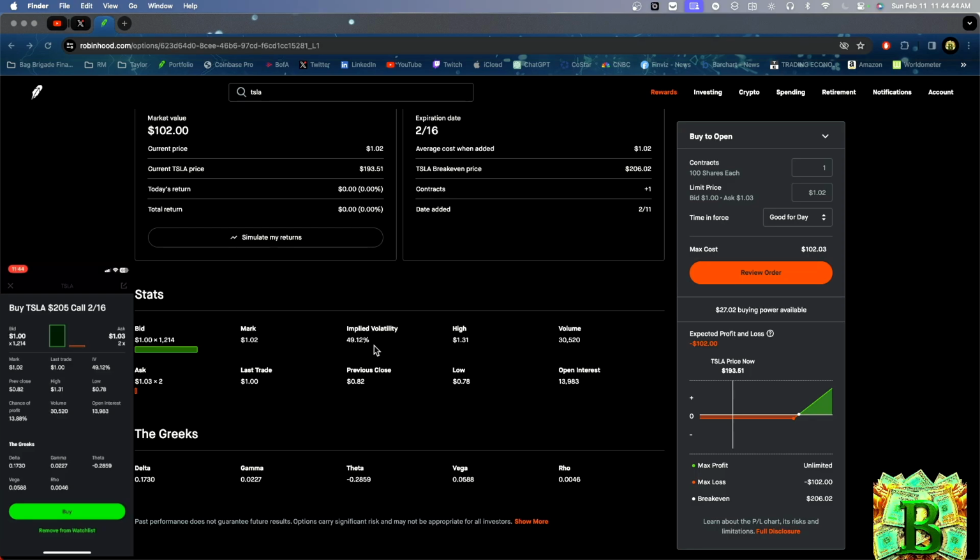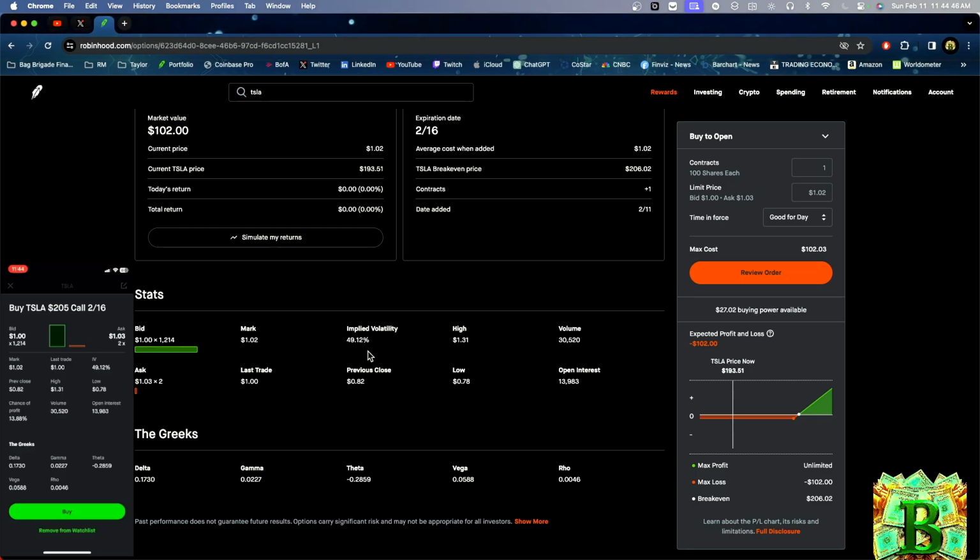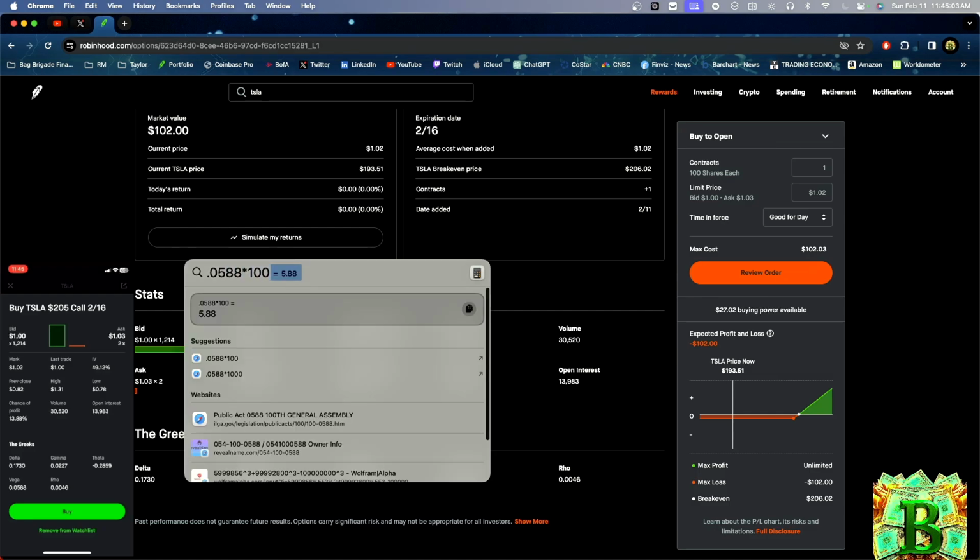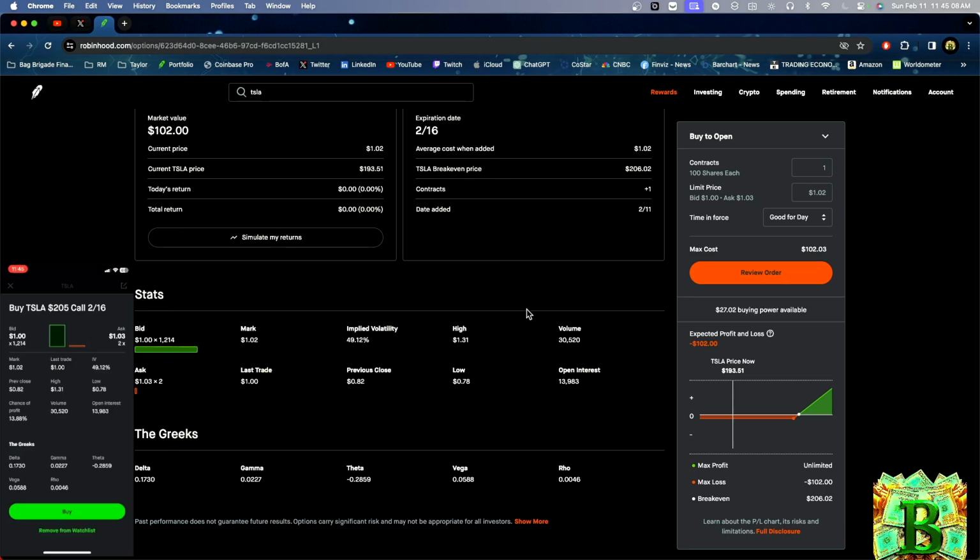If you bought it at 49% implied volatility and it then drops 1%, your value of the contract drops 0.0588 times 100. So there goes $5.88 for every 1% of implied volatility that decreases, and vice versa on the increase side. So that's how you can benefit from implied volatility, but it can also hurt you very badly.